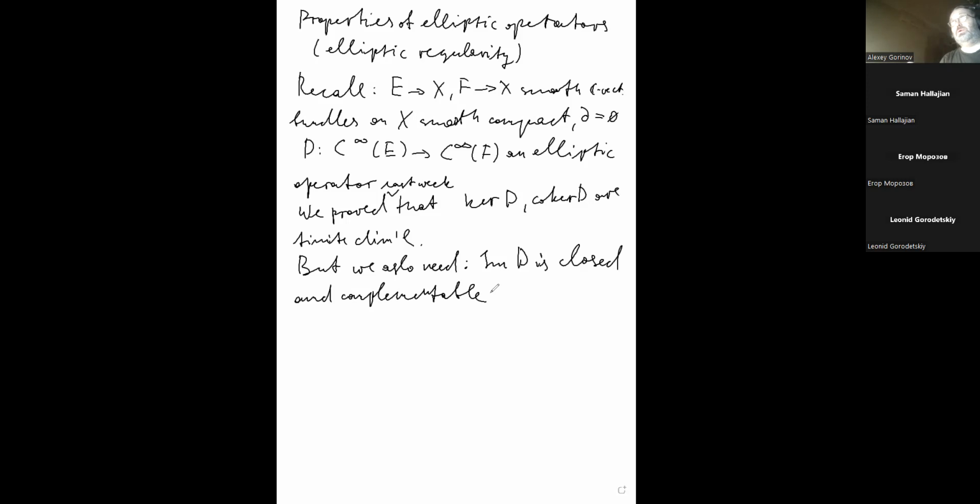But apart from these properties, we also need to know that the image is closed and complementable. And let's prove this.